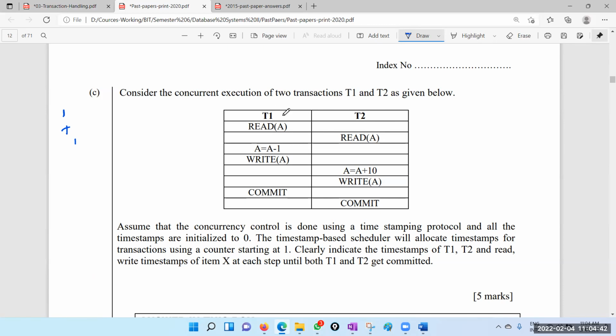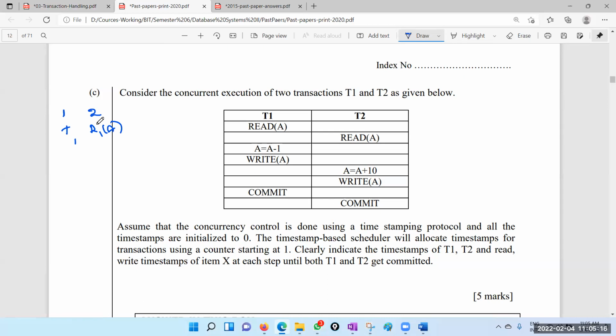They have not mentioned exactly where it starts, but we can assume it is when its first activity happens. So now let's say read A happens in time unit 2. Read 1A. Now, of course, A has no timestamp. A has not been read or written. Nothing has happened to A. A is a fresh resource.